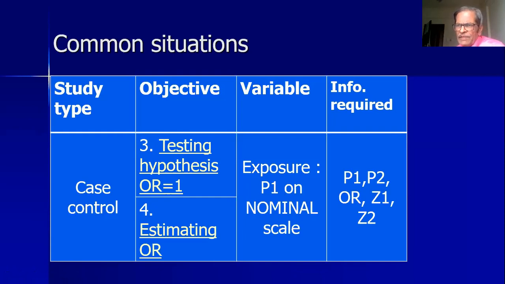What is the probability of exposure in the control population? Then if this information is given, we can have an idea about the probable odds ratio that we are expecting. Out of these three, P1, P2, and odds ratio, any two can be given, and the third one can be calculated. And Z1 and Z2 are the Z values associated with the chosen level of the alpha and the beta error.